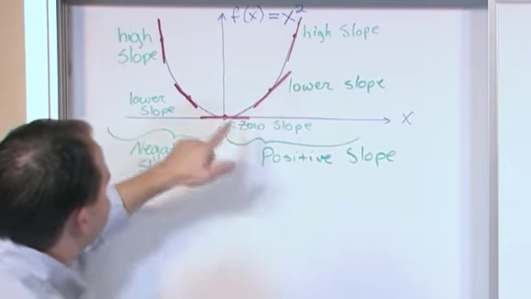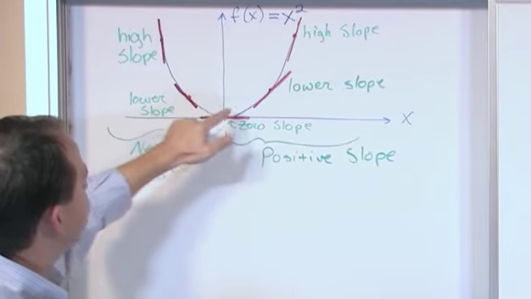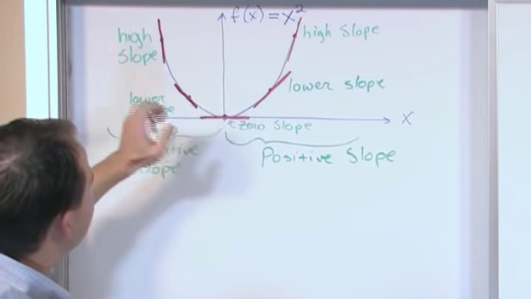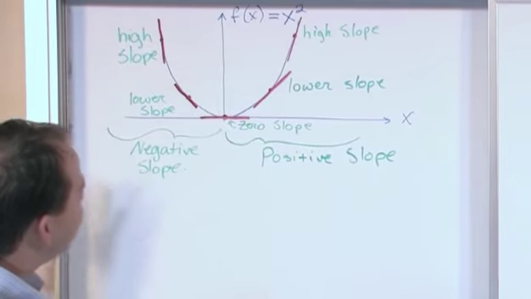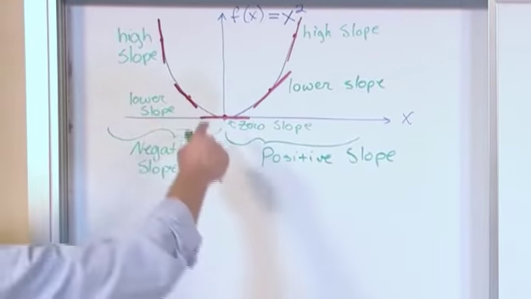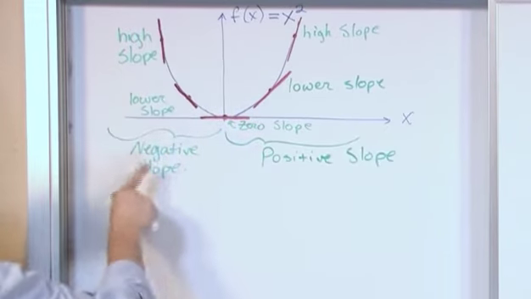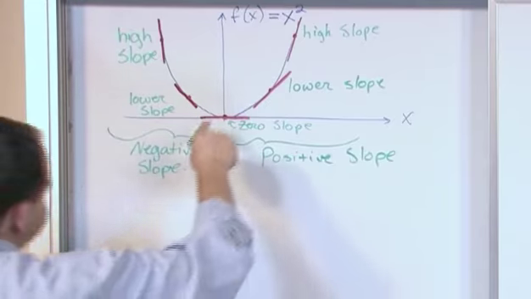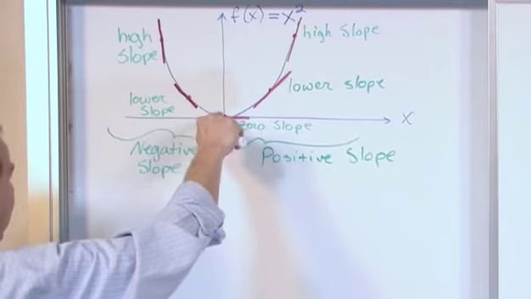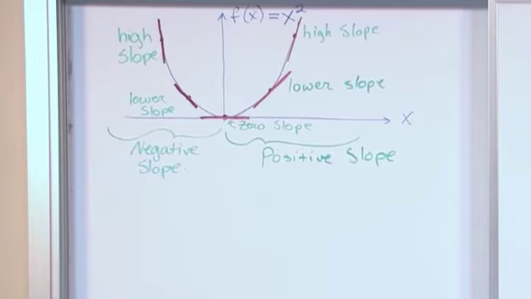The derivative right at the apex, or the lowest point of the function, is exactly 0 slope, so its derivative is 0 at this point. And over here, as we go this direction, the derivative again gets higher and higher, but in the negative direction, getting larger in the negative sense as we go that way.